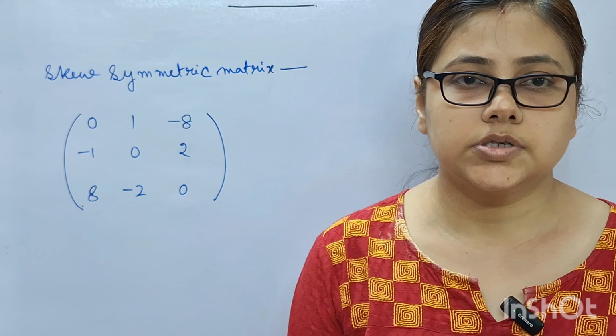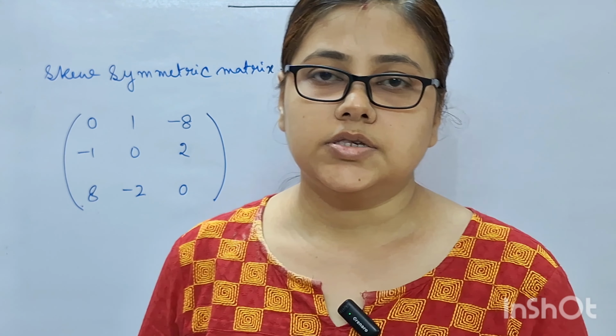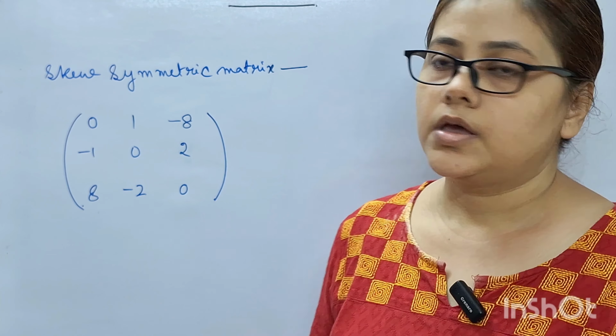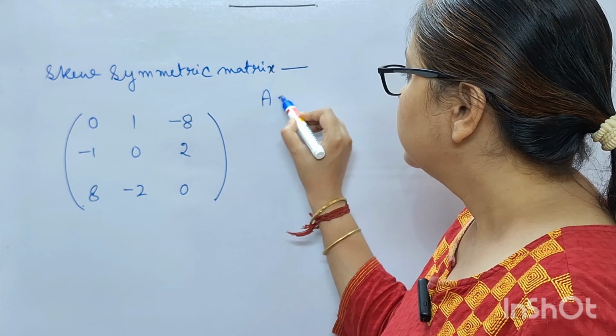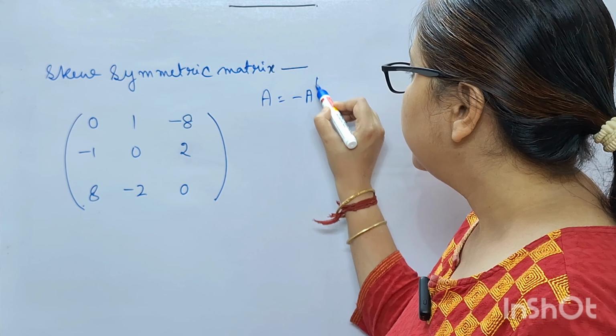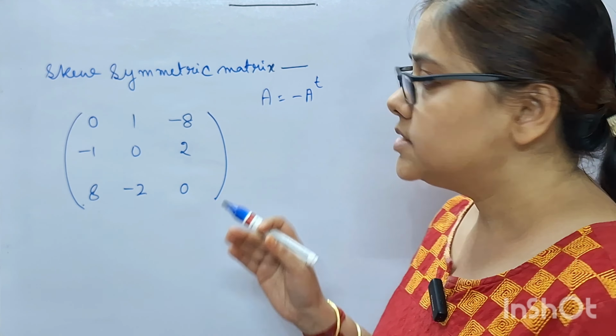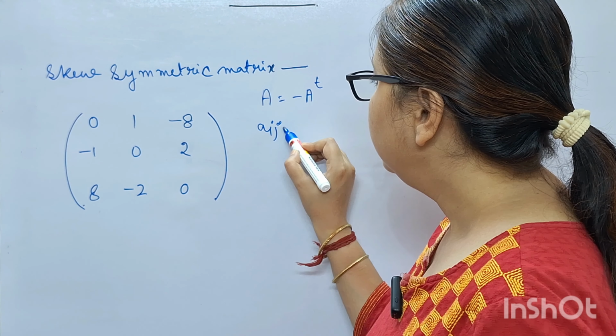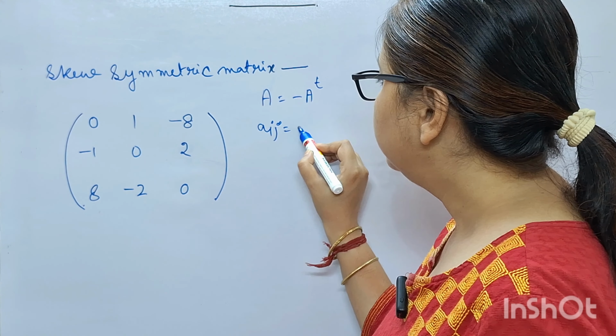Next I am coming to the skew symmetric matrix. A square matrix is said to be a skew symmetric matrix if A equals minus A transpose. That is, in that case Aij will be equal to minus Aji.